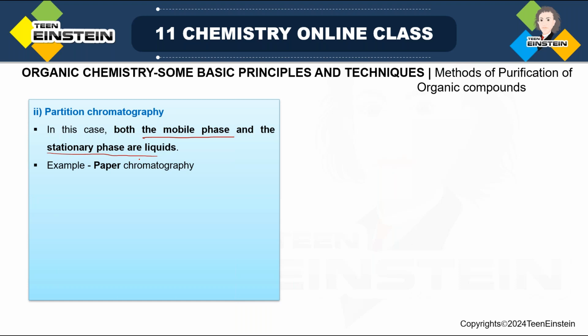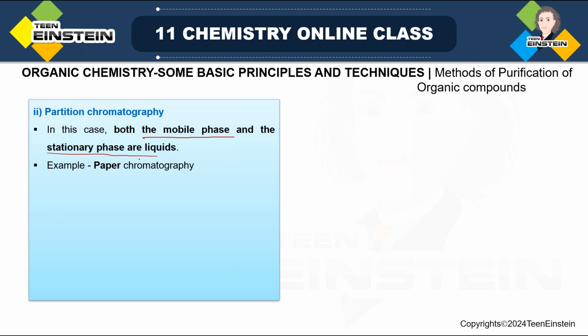And under this partition chromatography, we will just study paper chromatography. Now, at first glance, paper chromatography and TLC will appear to you as the same. But don't be confused, these two are not the same. Paper chromatography's principle is partition chromatography, where both the mobile and the stationary phase are liquid.